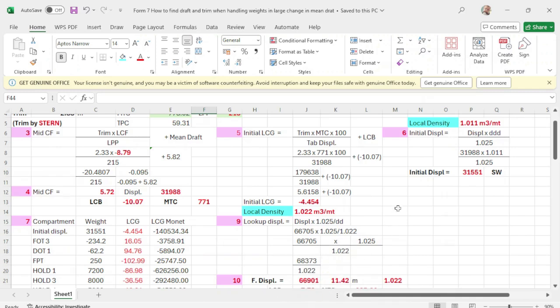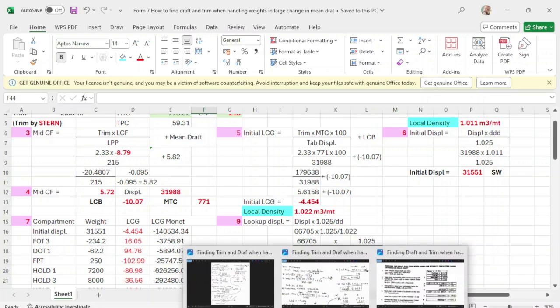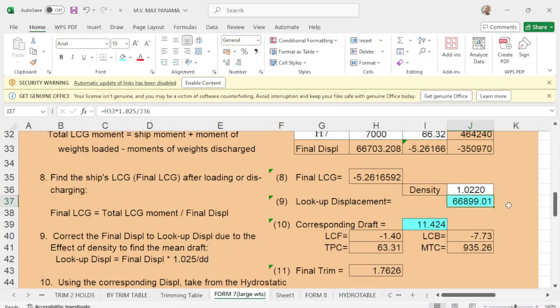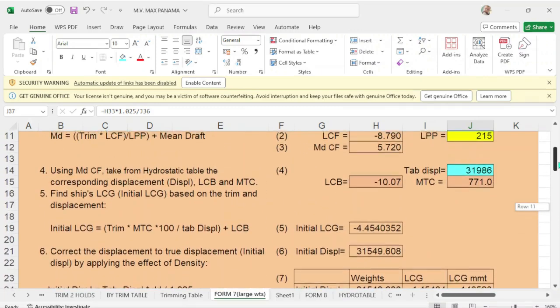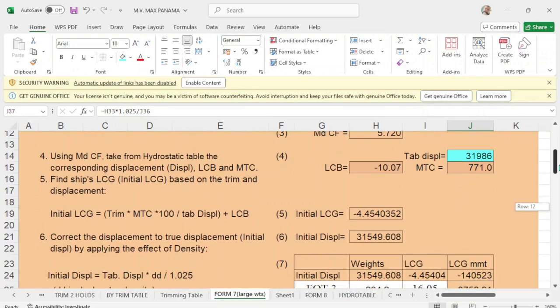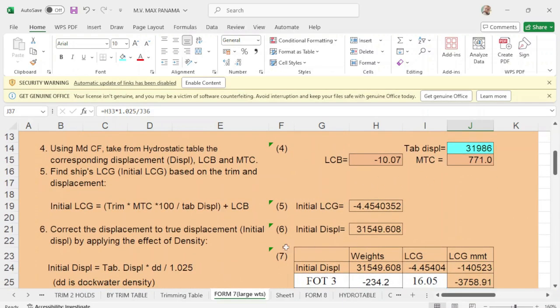Okay, and the other one is 31551, which is this one. This one, initial. Okay, number 6. I got 31551 if you round up this one.